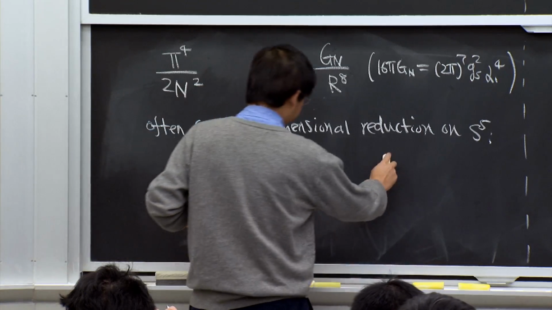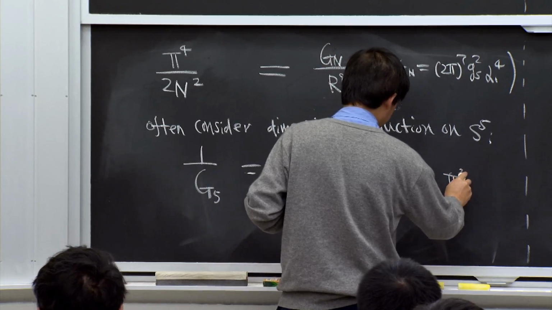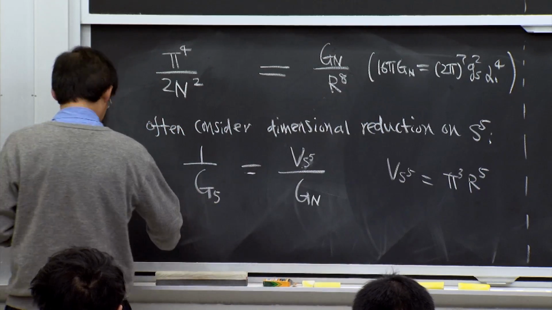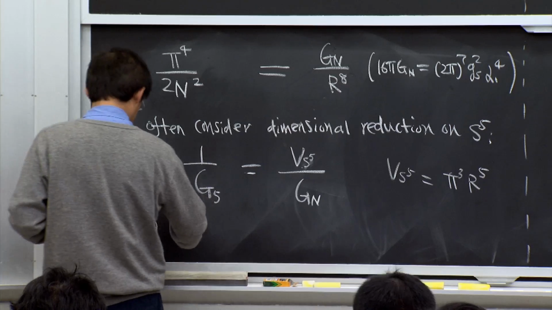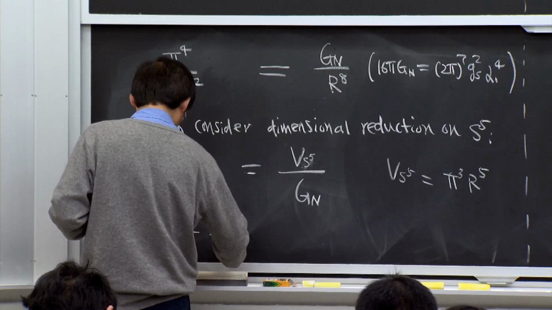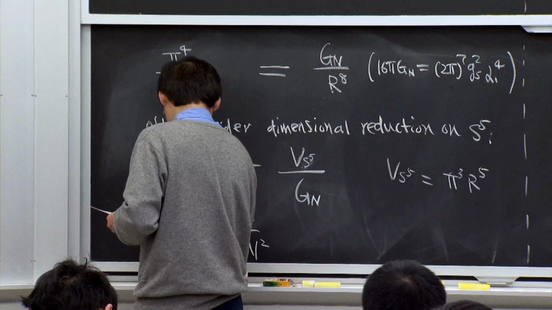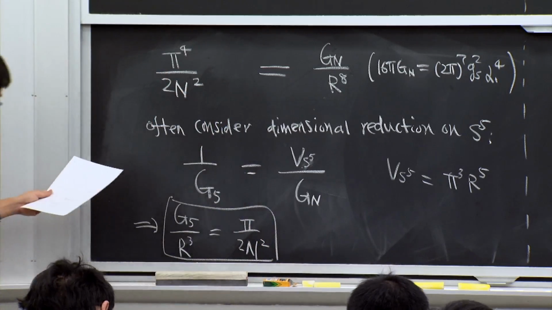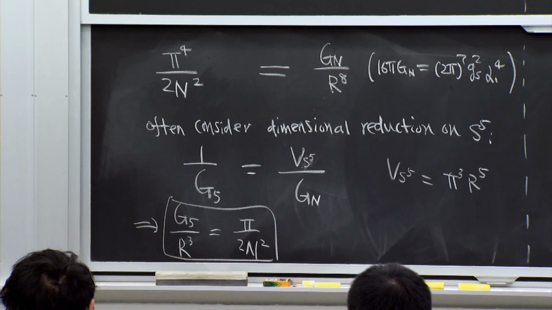And the volume of S5 is equal to pi cubed R to the power 5. Then from here, you can just work out that G5 has length dimension 3. Then G5 divided by R cubed, again only related to N, is given by pi divided by 2N squared. Okay? So these relations are often useful in the future.